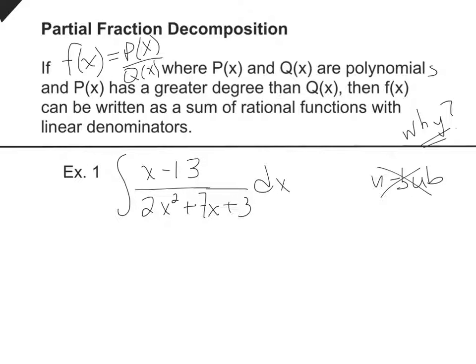You might then think, is there a way to do integration by parts? You could split this up into the numerator as one function times the denominator as another. If you try to do that, you'd have x minus 13 times 1 over 2x squared plus 7x plus 3.